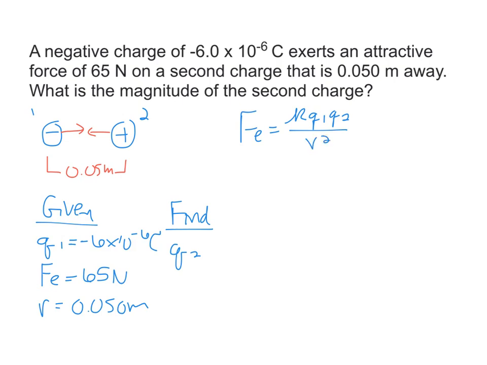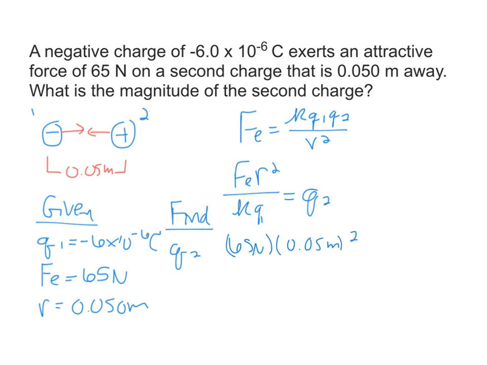Just rearranging to isolate for Q2, we get Fe R squared over K Q1 equals Q2. So we have everything, just putting the numbers in. My Fe is 65 newtons times R squared, 0.05 meters squared, over K times negative 6 times 10 to the negative 6 coulombs equals Q2.